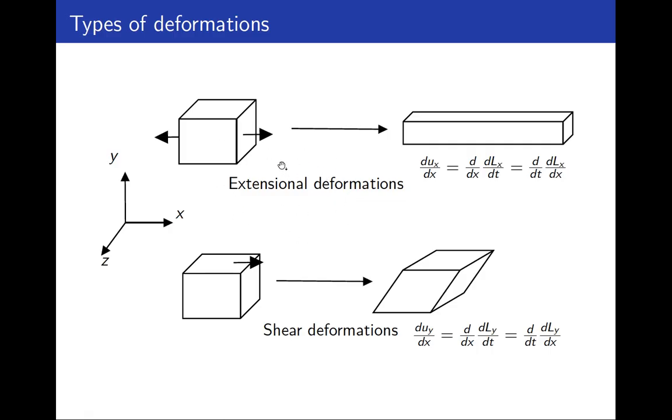These kinds of deformations are more common in, for instance, plastics or polymers, where those materials are composed of a solvent, water, and long macromolecules, and these macromolecules can behave as elastic materials, and these molecules can be stretched and can be compressed. So these kinds of deformations are more common in materials like plastics.